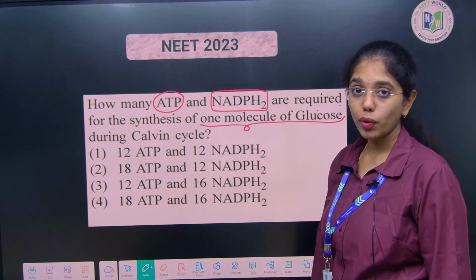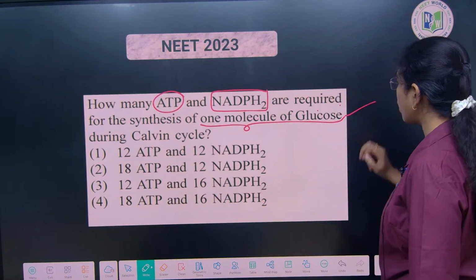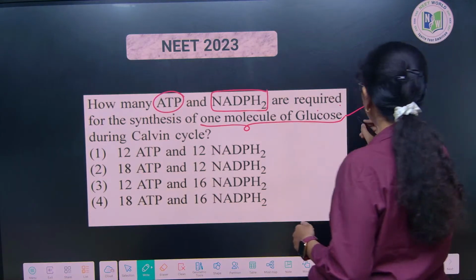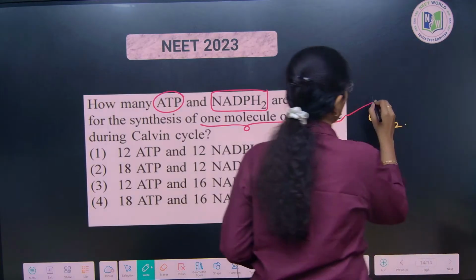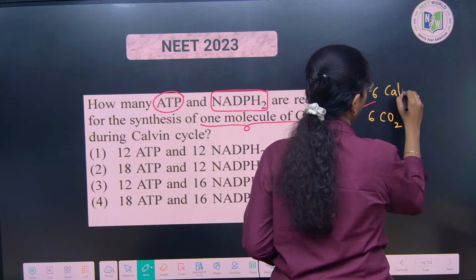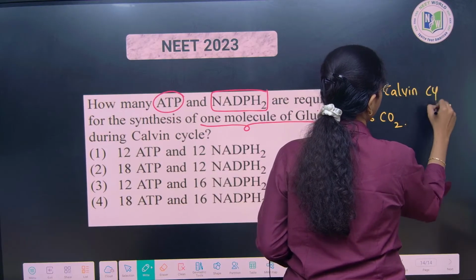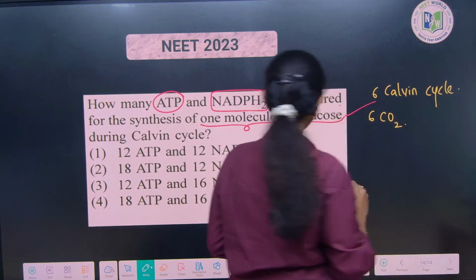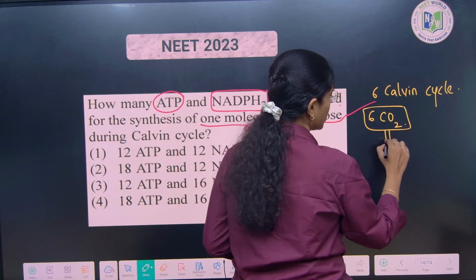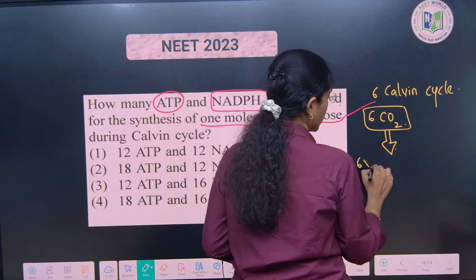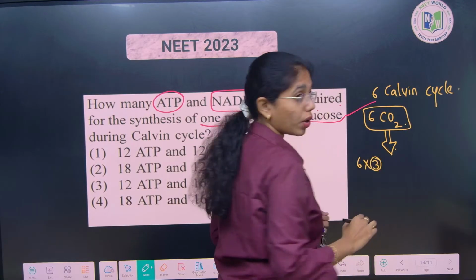We have learnt very clearly that one molecule of glucose is formed when 6 carbon dioxides are fixed, right? When 6 Calvin cycles are operated. For this, it requires how much carbon dioxide? 6 CO2, which means 6 into 3, 3 ATP for 1 CO2, right?